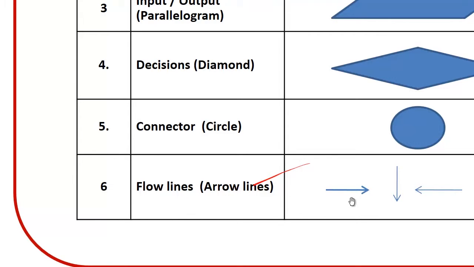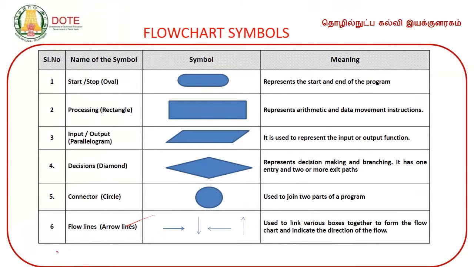The flow lines, arrows, are used to link various boxes or shapes of the flow chart together to form the flow chart and indicate the direction of flow. They indicate the path of the flow of data or the steps.